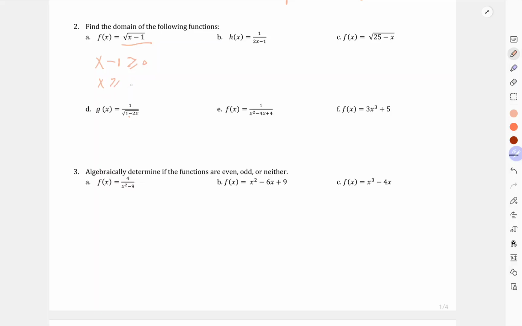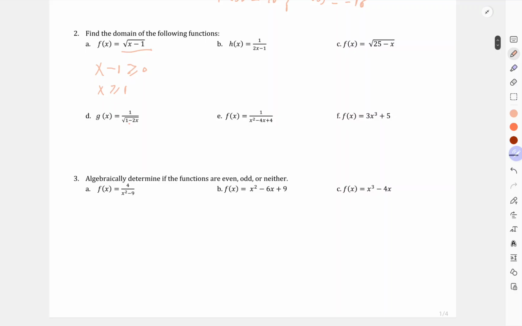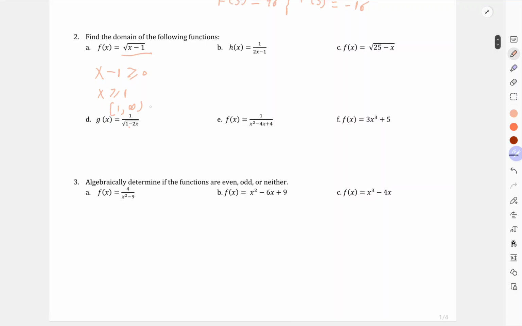So this goes to the other side, which is 1. Essentially what this tells you is all numbers greater than or equal to 1, so from 1 to infinity. So now you know that 1 is included and it goes to infinity, and that is your domain.